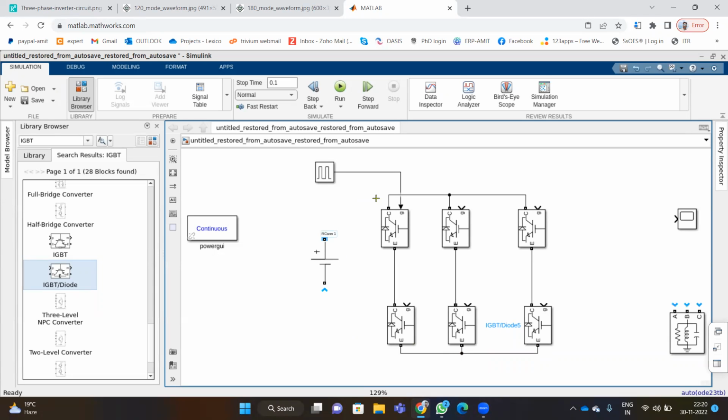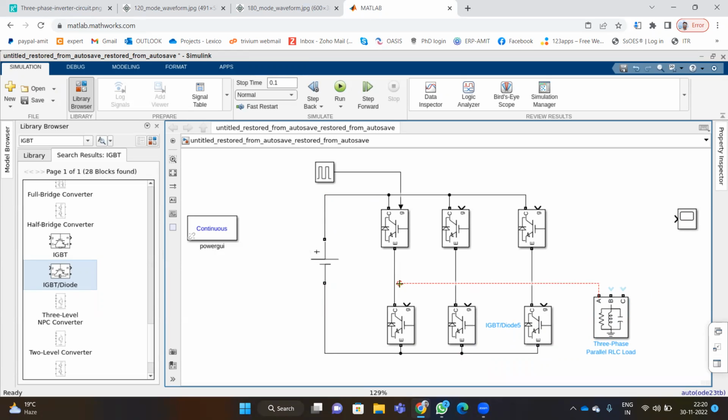Now we need to apply a DC source across these parallel branches of the circuit. So let's connect this DC source likewise. I have taken one three-phase RLC parallel load, which can be directly connected to each leg. So this is the first phase, second phase, and third phase.